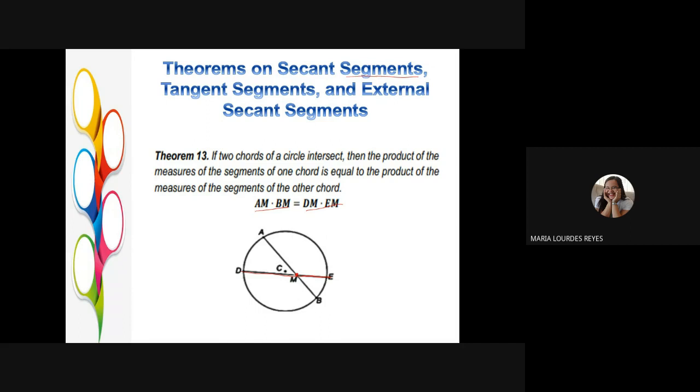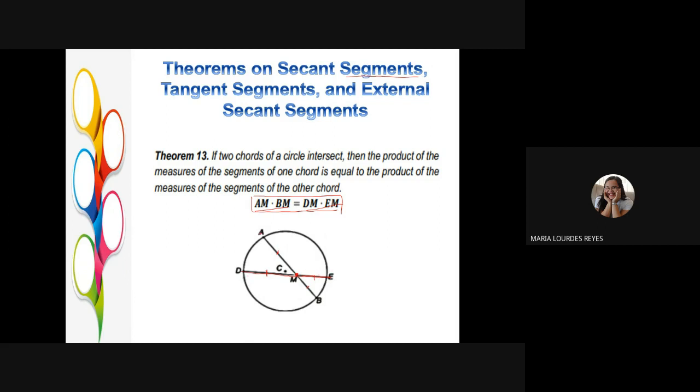Okay? So, ibig sabihin, yung nahating parts, like this one, yung DM daw, pag tinimes ko siya dito sa ME, equal siya kapag minultiply ko yung AM, sorry, and MB. So, we just have to follow what is written here. Yung dalawang parts na nahati, ito yung buo, DE yung buo.